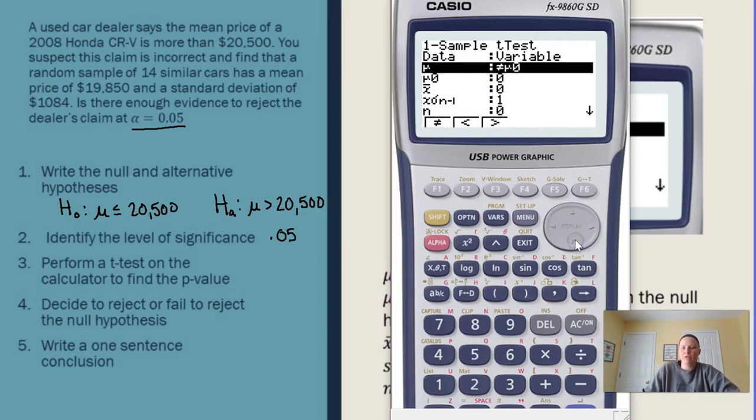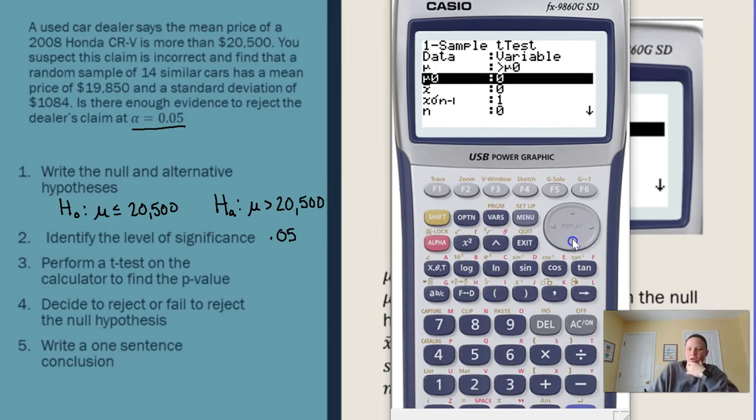The first thing is just the mu. What's our claim? The claim that we're testing is that it is greater than 20,500. 20,500 is that null hypothesis number that we're actually testing. That's the population.